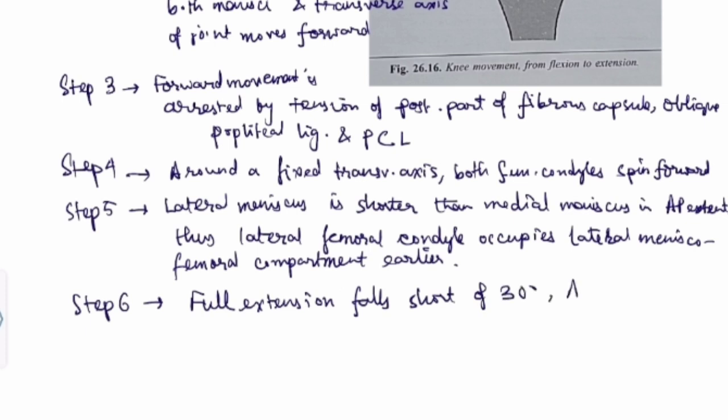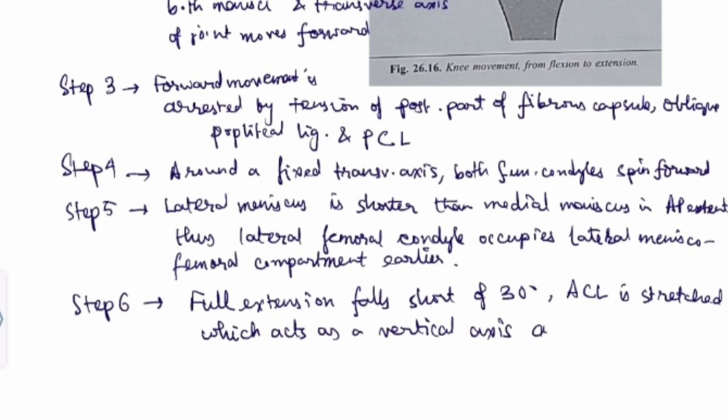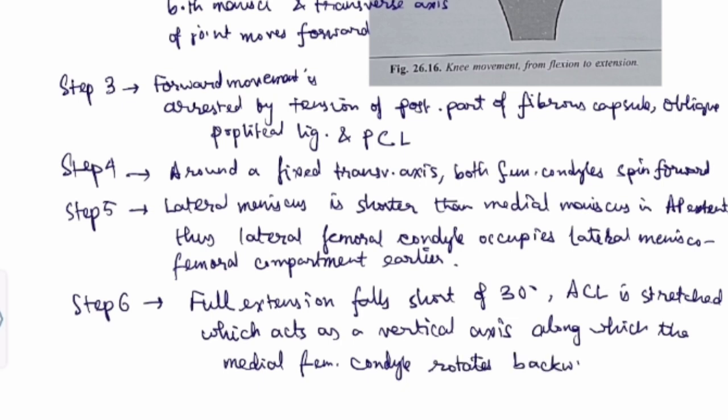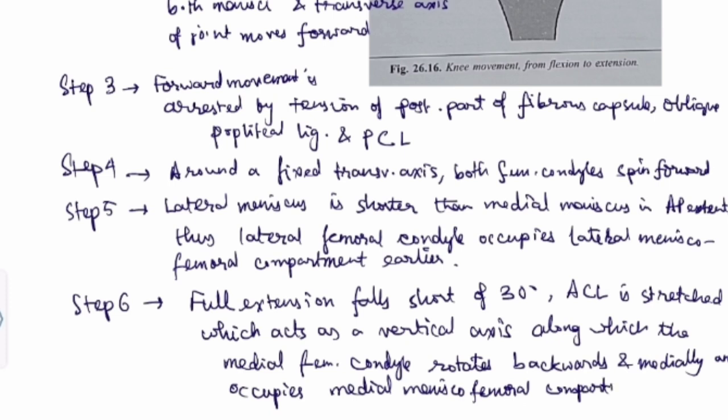And the anterior cruciate ligament is stretched, which acts as a vertical axis, along which the medial femoral condyle rotates backwards and medially and occupies medial meniscofemoral compartment completely.